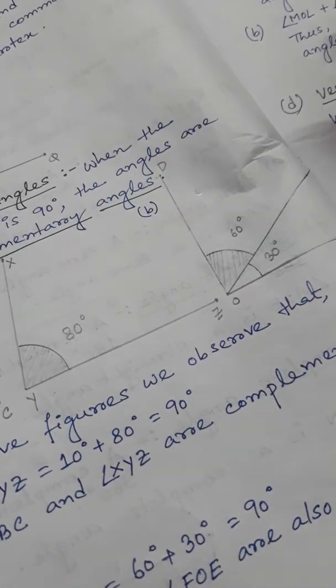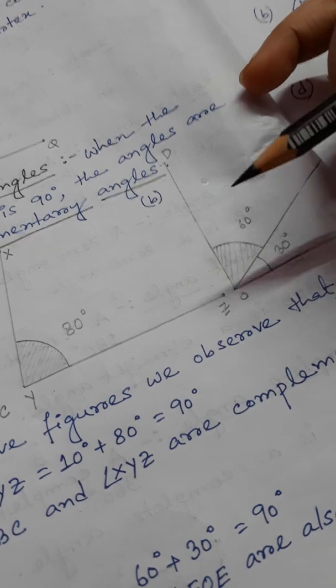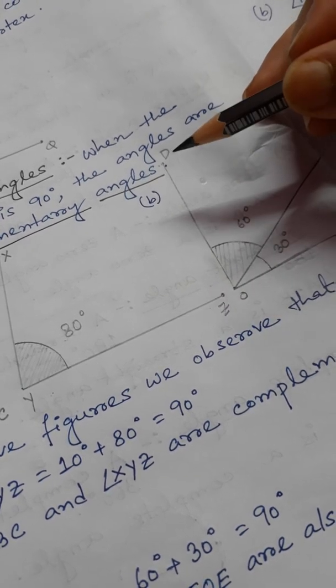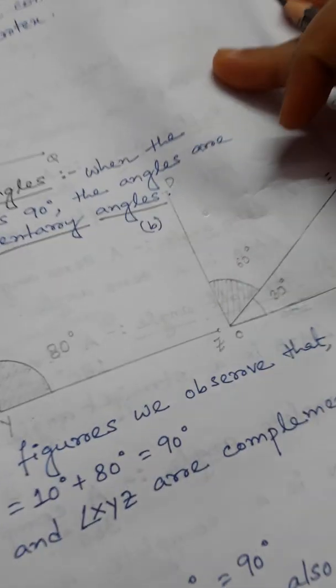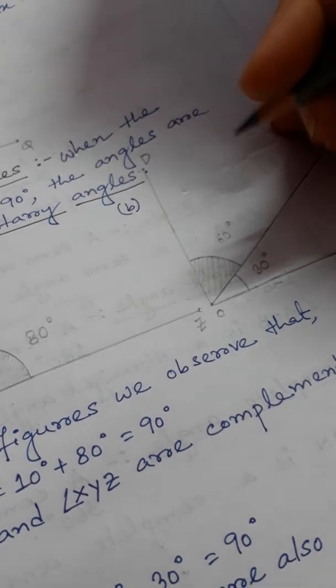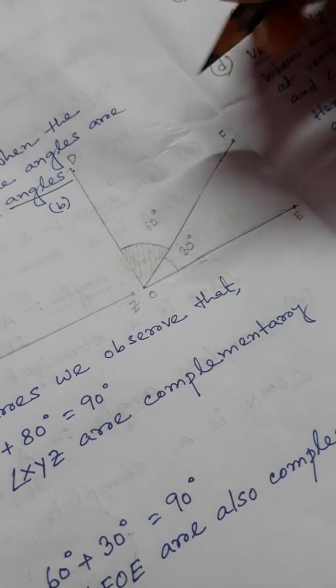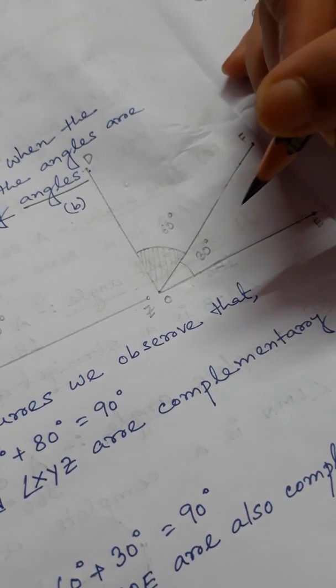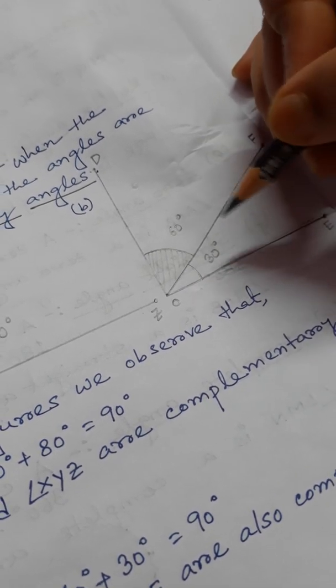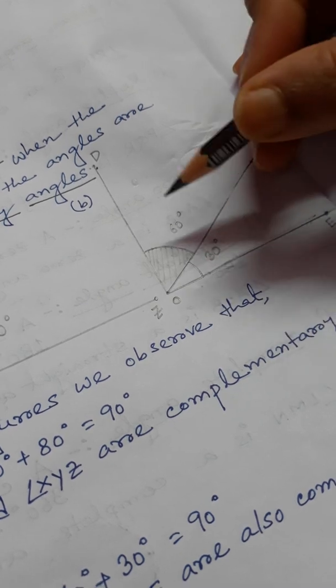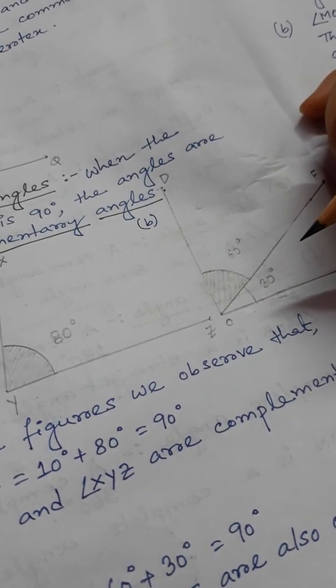Or you see here also, in this figure, this angle DOF or FOD is 60 degrees, and FOE or EOF equals 30 degrees. So 60 plus 30 means 90 degrees, so these two angles are complementary angles.